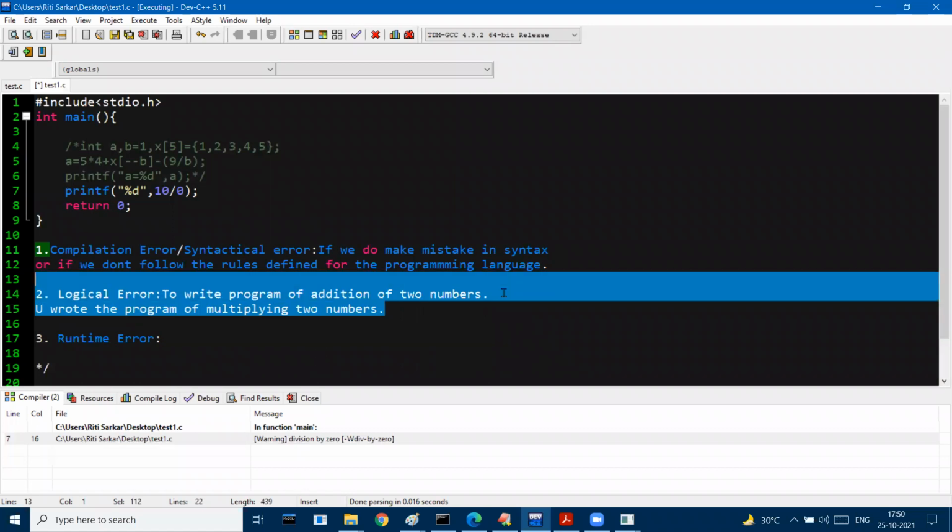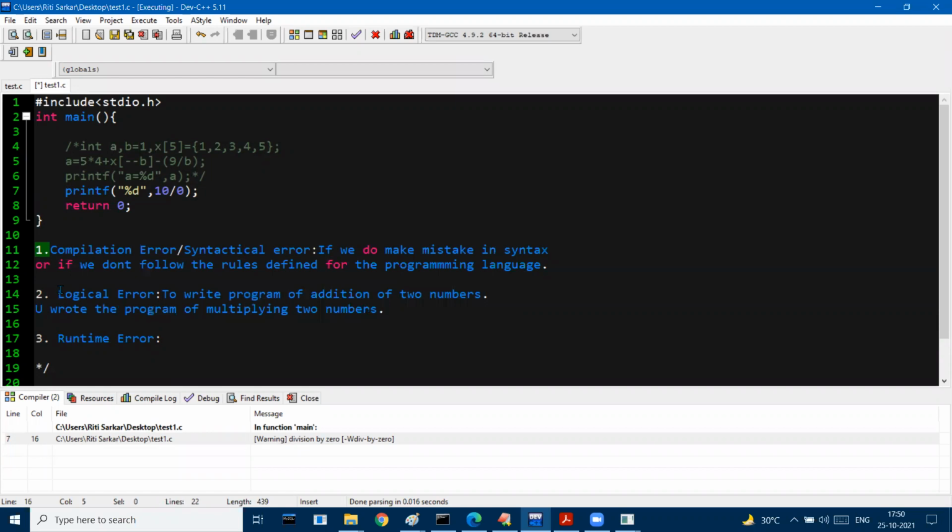So where are you making the mistake? In understanding the logic. That is called a logical error.